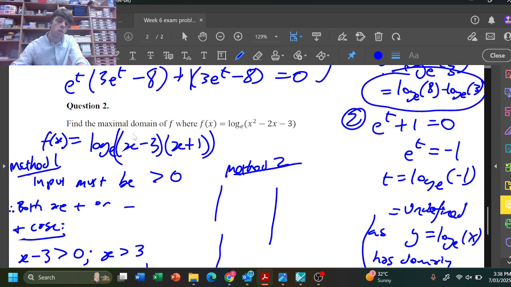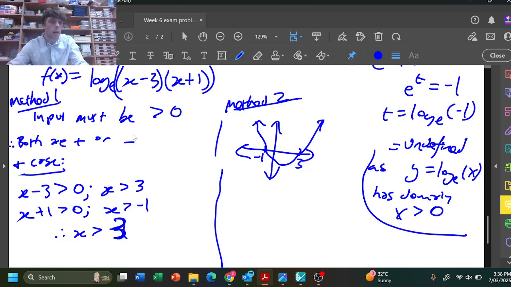If we ignore the log part, this quadratic has x-intercepts at 3 and negative 1, right? And it's a bottom-up parabola that looks like that, with a minimum turning point. Now, we can see visually when this quadratic is positive. It's positive for x values larger than 3 and x values less than negative 1.